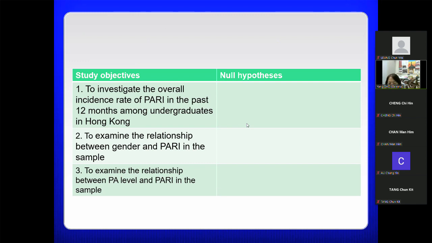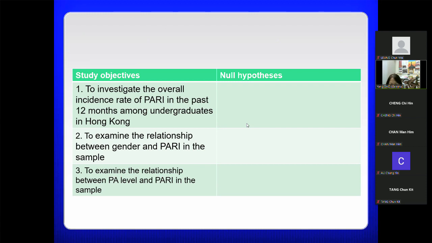Think of this: we can't expect the exact rates of the injury. So this objective does not have a corresponding null hypothesis.